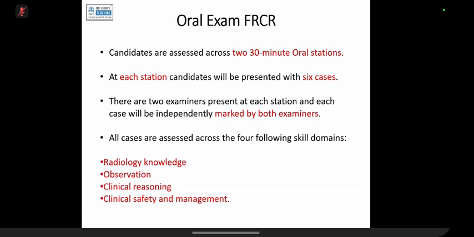I am again saying that you shouldn't overload yourself. You know what you have to do, and don't try to be artificial. The examiners convert whatever you are saying into four headings and mark you accordingly.